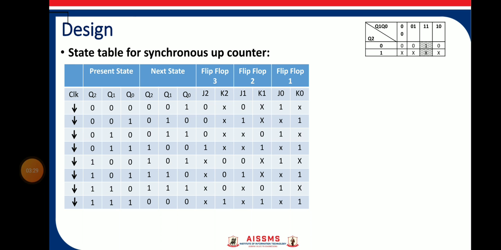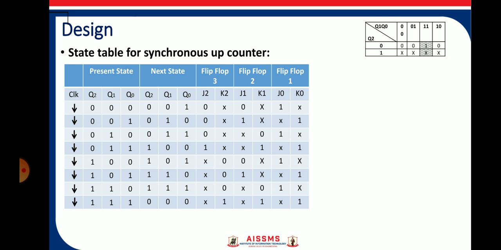So this is the K-map for J2. By considering the J2 column, wherever the value is 1, we keep it in the K-map. When the don't care helps to make a group of ones, we consider that don't care as a 1. So we make a group of ones column wise, which is gray shaded.